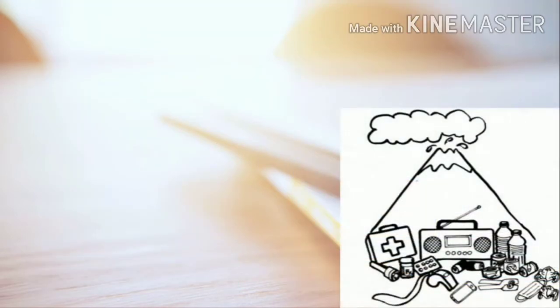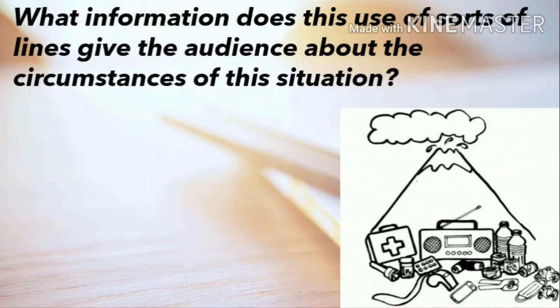Now, using this image, let us try to answer the following questions. What information does this use of sorts of lines give the audience or readers about the circumstances in this situation?